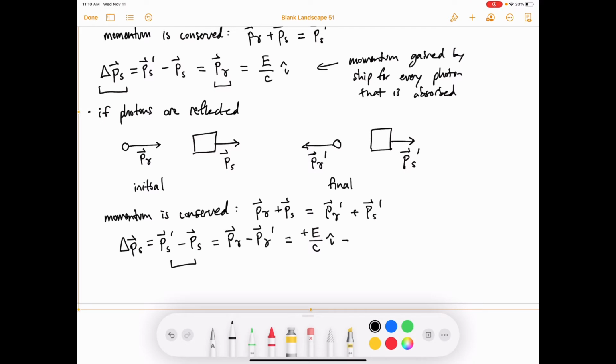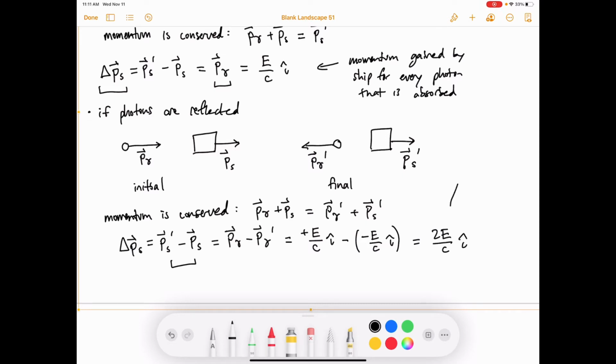And basically, that's just moving in the negative x direction. So we have negative E over C times i hat for its final momentum. And here we're assuming that the energy is the same before and after, okay? So that actually gives us 2 times E over C times i hat.